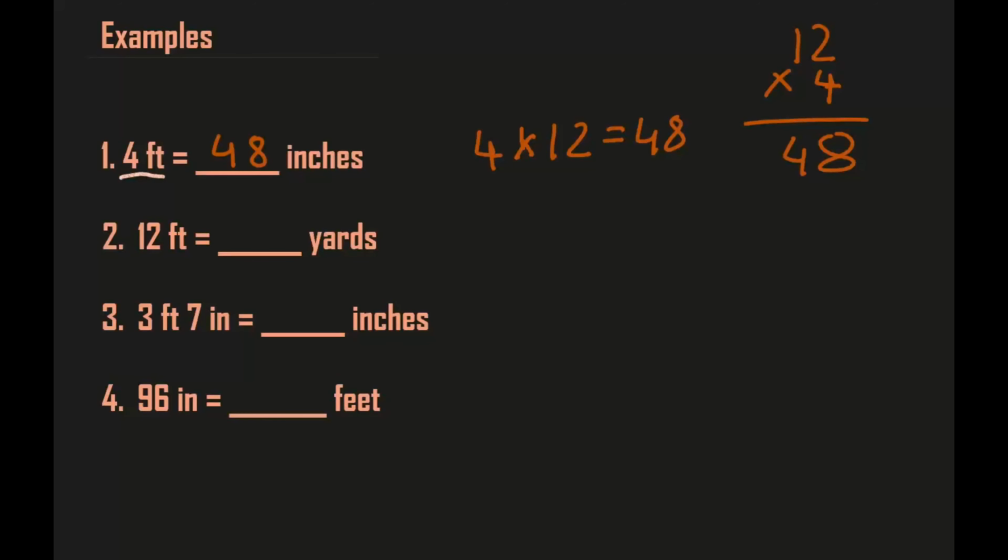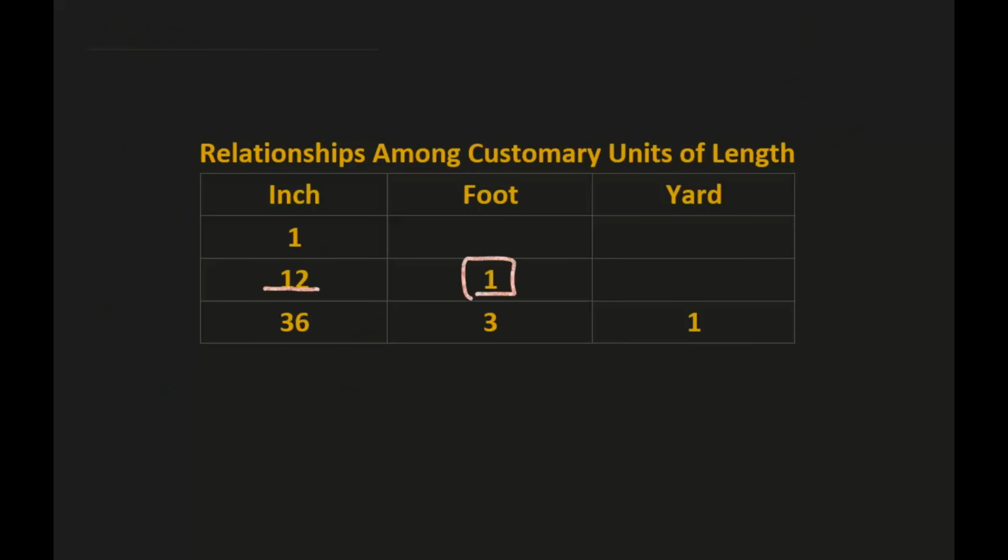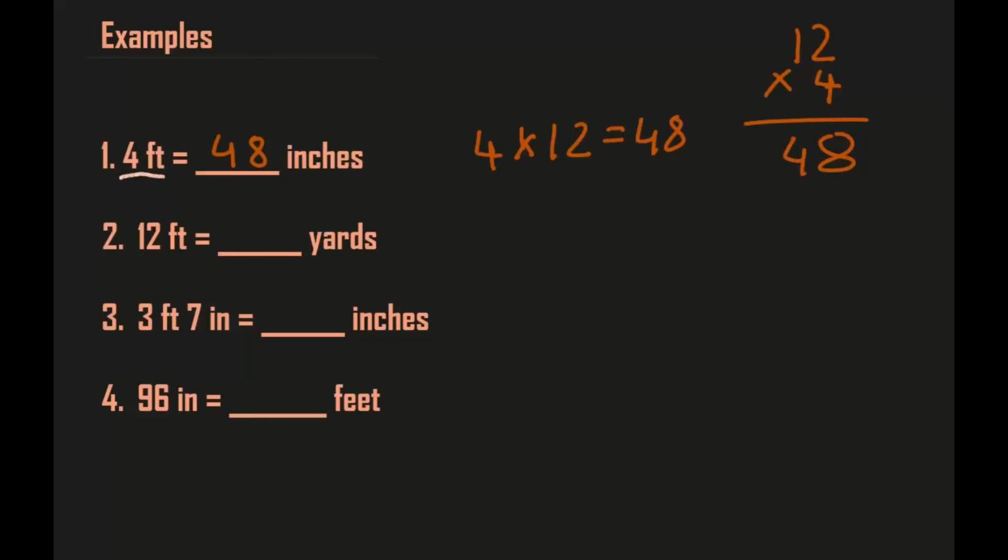Now we have 12 feet equals how many yards? Not inches, how many yards? So again, we're going to go back to the table. Right here, you can see that 3 feet is 1 yard. So now, how many yards is 12 feet?